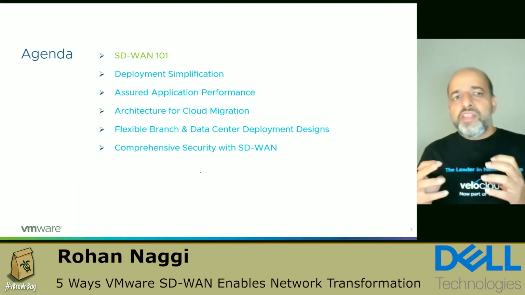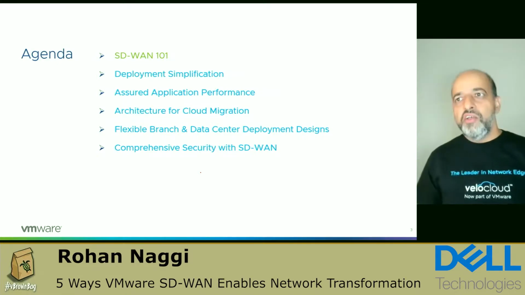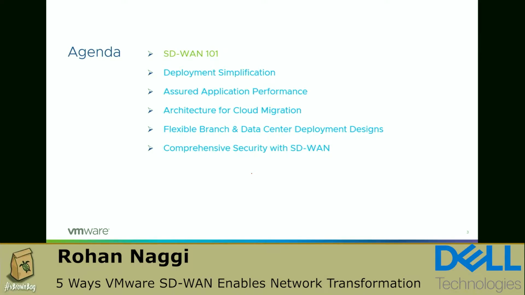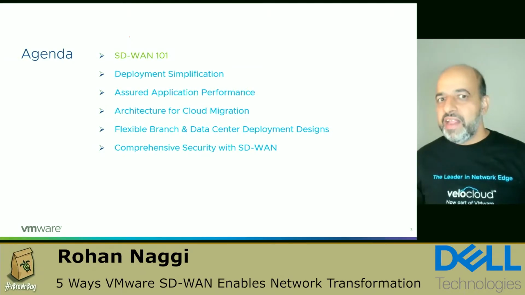So let's go through our agenda for this session. Five essential capabilities that SD-WAN delivers, which can transform your network using VMware SD-WAN. We'll look at how SD-WAN simplifies the deployment. But before that, we will go over the problem statement with the legacy architecture.